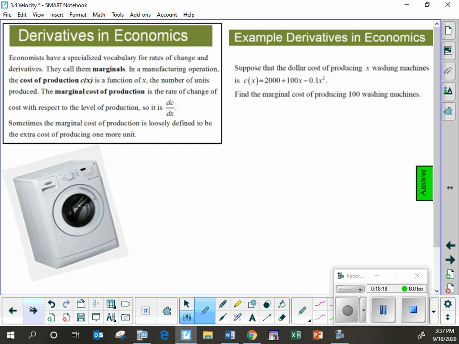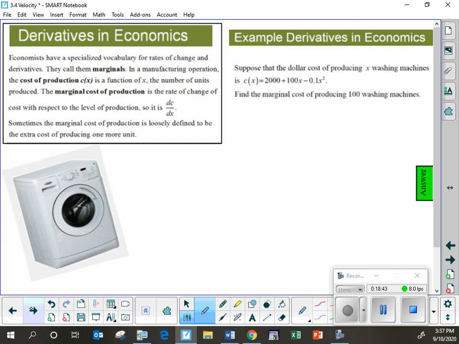The last thing is the little econ application. Economists have a specialized vocabulary for rates of change and derivatives. They call them marginals. In a manufacturing operation, the cost of production, C of X, is a function of X, the number of units produced. The marginal cost of production is the rate of change of cost with respect to the level of production.